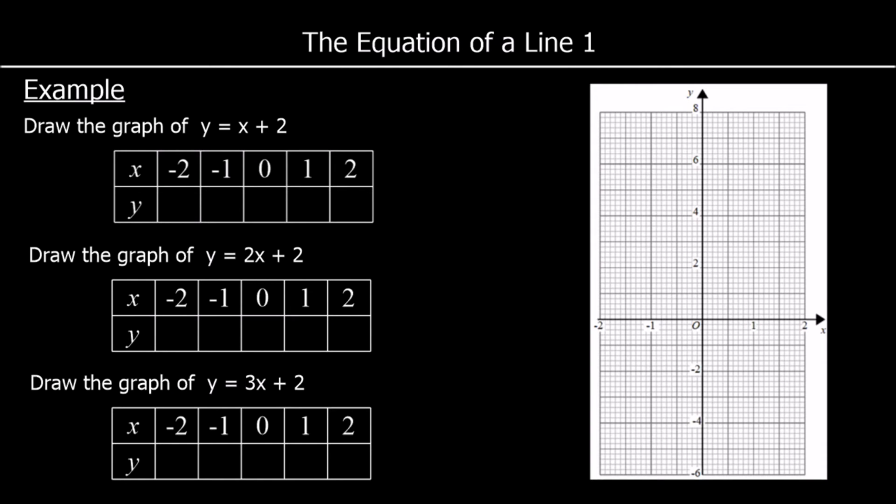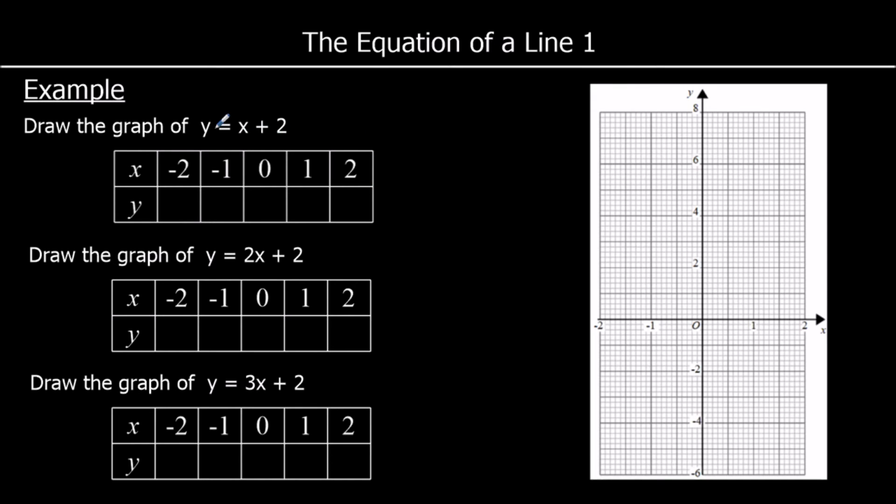In this video, we are looking at the equation of a line. Here we've got three graphs that we're going to draw. So the first graph is y equals x plus 2. We've got a table of values that we've been given, and we are going to use the x coordinates to find the y coordinates.